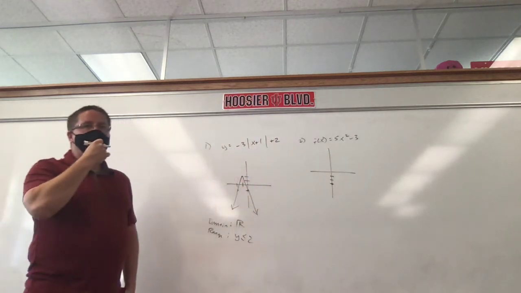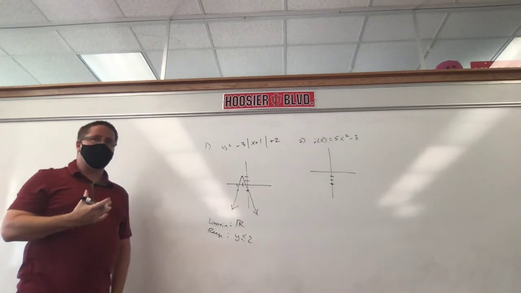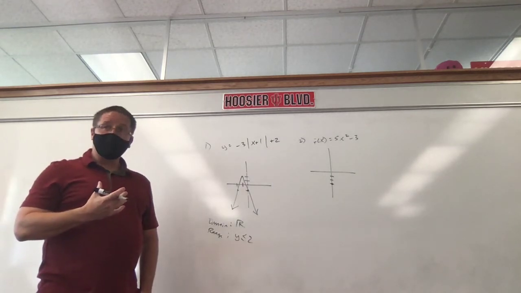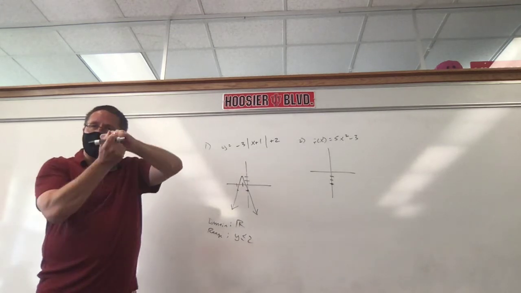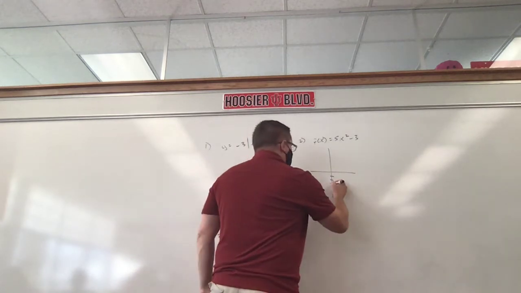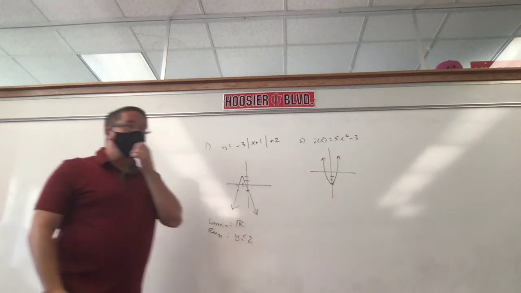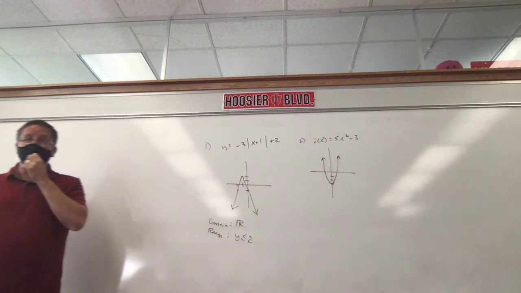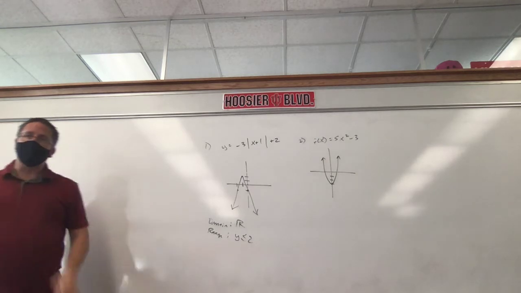Be careful, that 5 does not move it at all. It only moves when you add or subtract. It stretches it, because it's a larger number, vertically, which makes it look a little thinner. So, a quick rough graph. It opens up because that 5 is positive. If it was a -5, it would still stretch it, but flip it upside down.